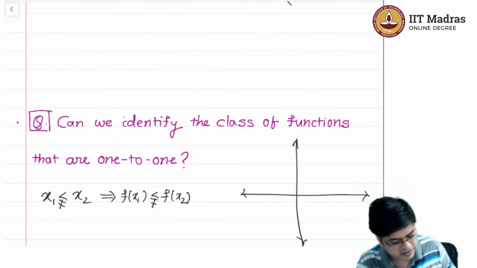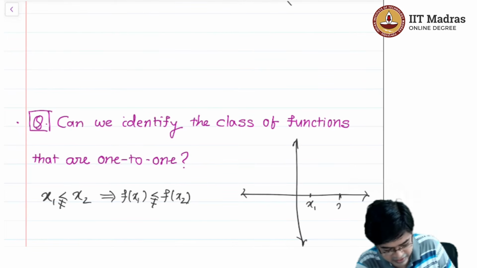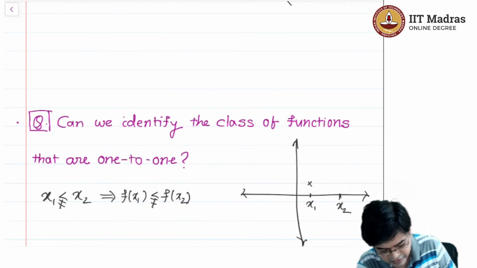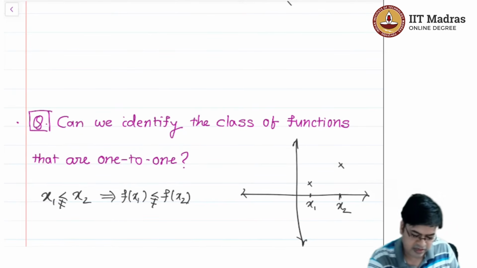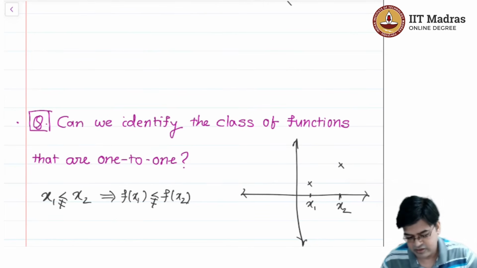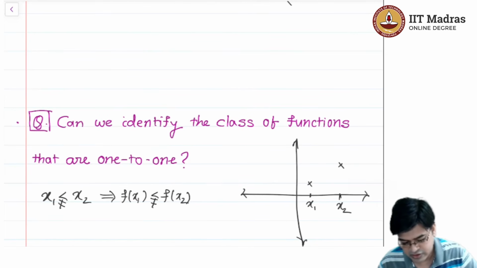So for this function, if x1 is to the left of x2, then f of x1 should always be below f of x2 when plotting on the y-axis. This is the intuition, and you can draw a line joining these 2 points.